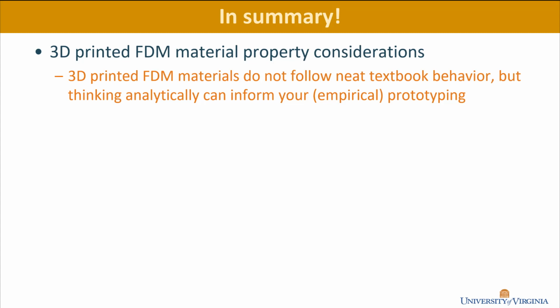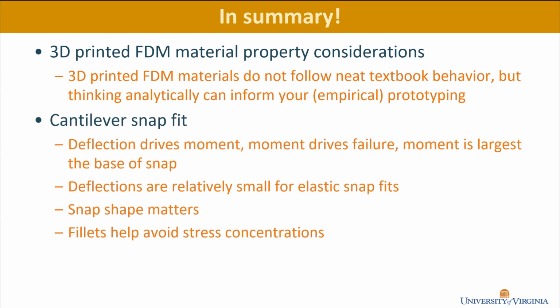We spent a long time on the cantilever snap fit with the idea that the amount of deflection drives how big the moment is, that the moment drives when the part fails, when it snaps off, which is something you don't want, and the moment's largest at the base of the snap. The deflections you're talking about should be relatively small for elastic snap fits.